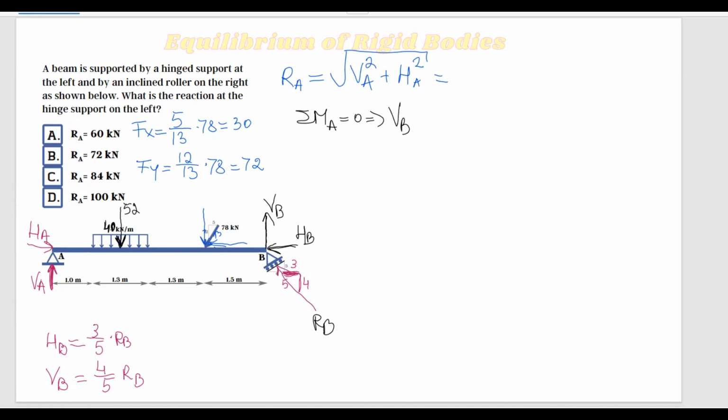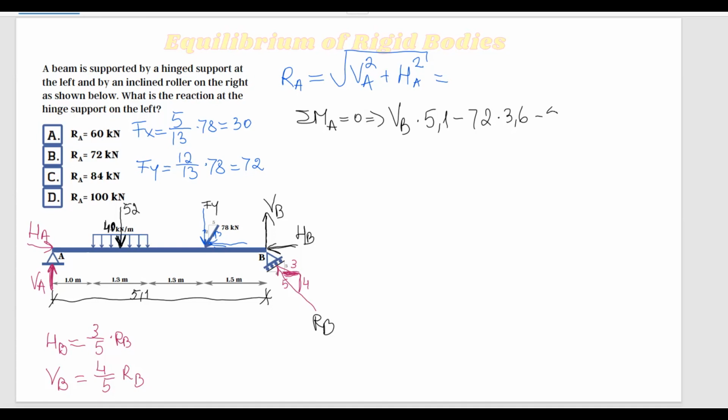So the moment about point A equals VB multiplied by the length of this entire beam, 5.1, minus Fy, which is 72, multiplied by 3.6, and then minus this uniformly distributed load.